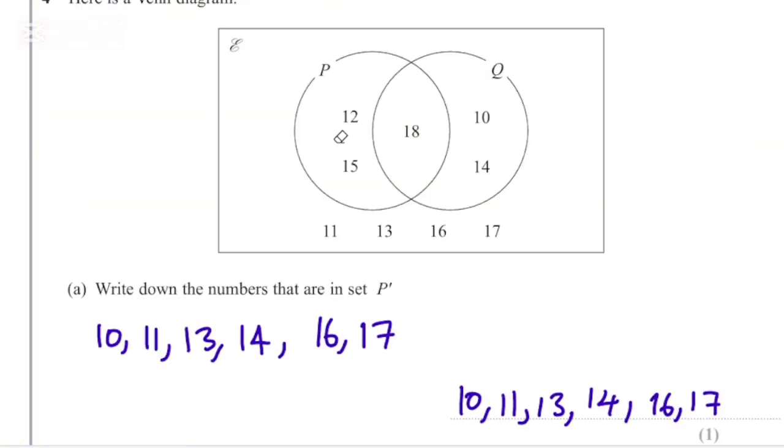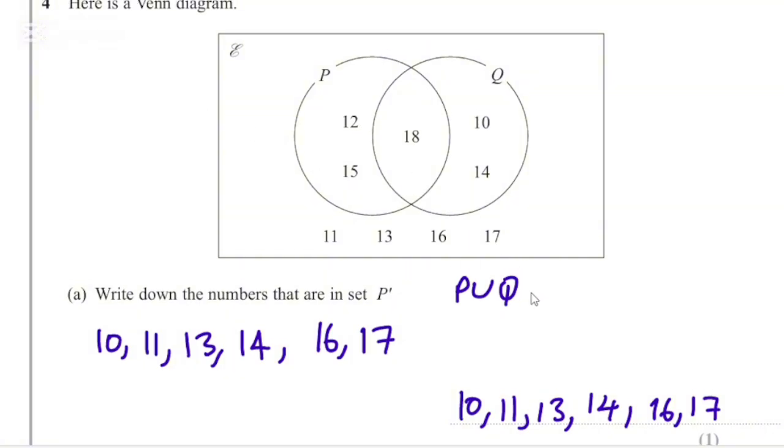So you need to understand what P union Q means, all right? So when they say P union Q, they are talking about the numbers that are making up, or that are forming, all the numbers that are forming set P and Q. In other words, all the numbers that are in set P and Q. So P union Q will be, let's start with the smallest, 10.